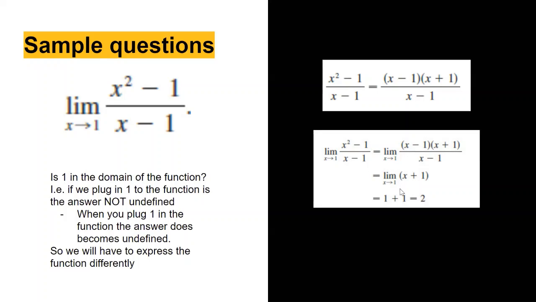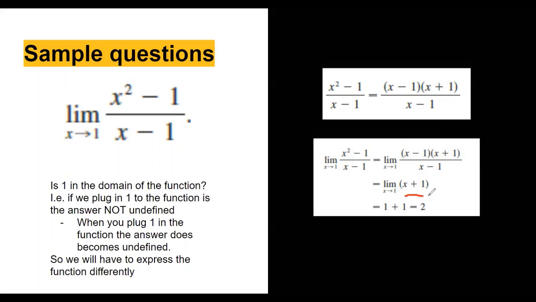Now, again, we can just put 1 in the domain of the new function, which here is x plus 1. If I put 1 in this function, I get 1 plus 1, which is 2. So obviously it is not undefined. And thus we use direct substitution for this part of the question. And that's how we get 2.